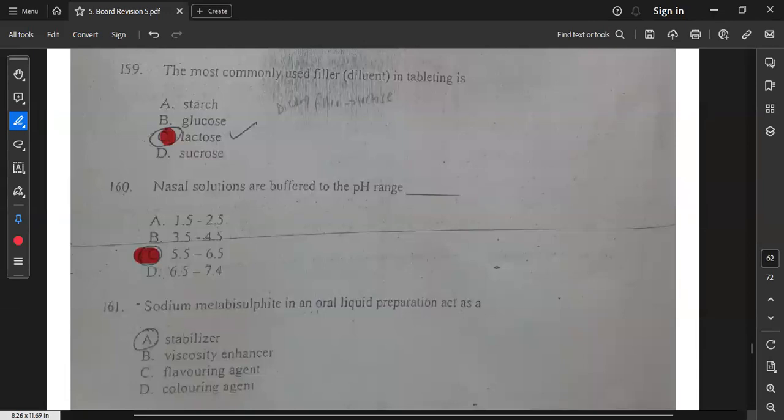We've been told by Dr. Shrina that ophthalmic is 4.5 to 5. Okay. So what about metabisulfite?